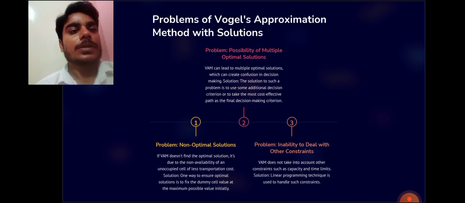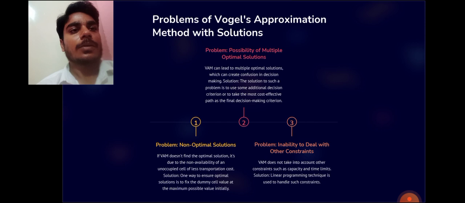The solution to such a problem is to use some additional decision criteria, and it helps to take the most cost effective path as the final decision, which creates cost effectiveness.